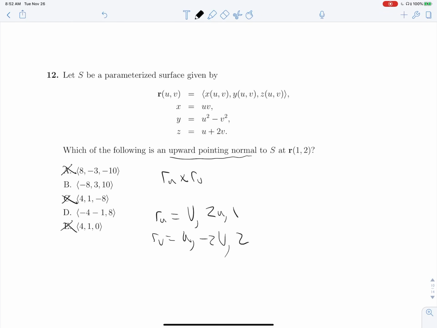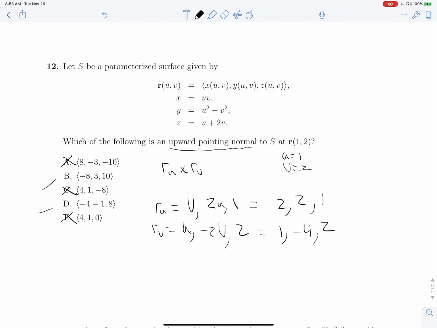Okay, so we're at the point u equals 1 and v equals 2, so we can replace these things in here. This is going to be equal to (2, 2, 1), and this guy is going to be equal to (1, -4, 2). So we should be able to take this cross product and get a vector that matches one of these.